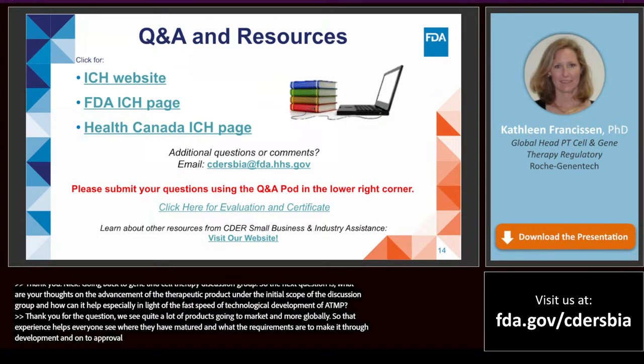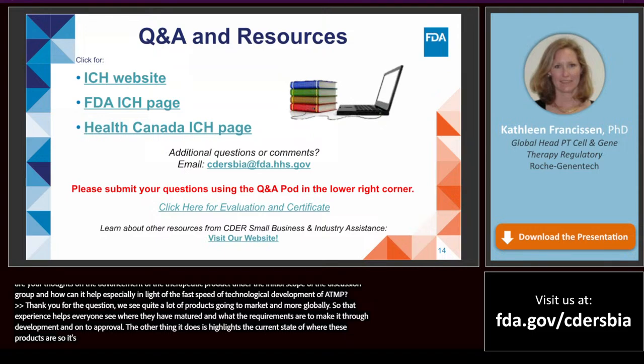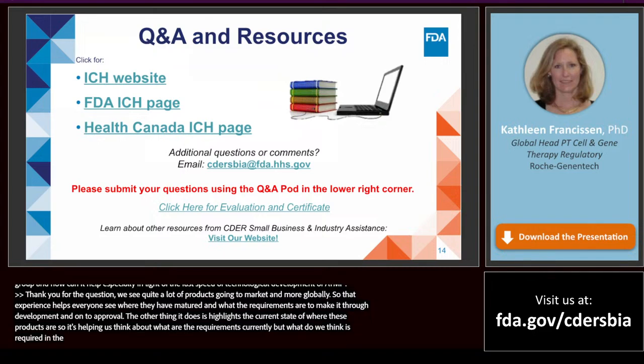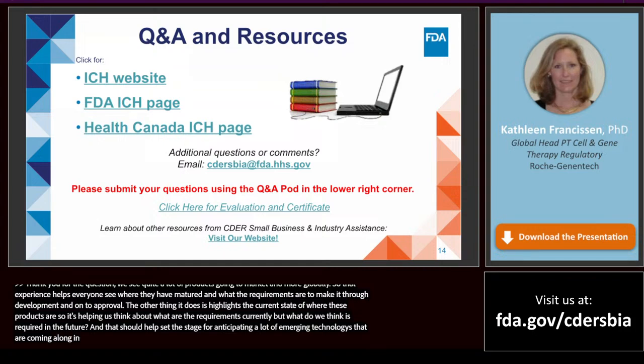The other thing it does is it highlights the current state of where these products are. And so it's helping us think about what are the requirements currently, but what do we think will be required in the future? And that should really help set the stage for anticipating a lot of emerging technologies that are coming along in this field. They do, in fact, come along very quickly. So our working through these initial product classes will be quite helpful.